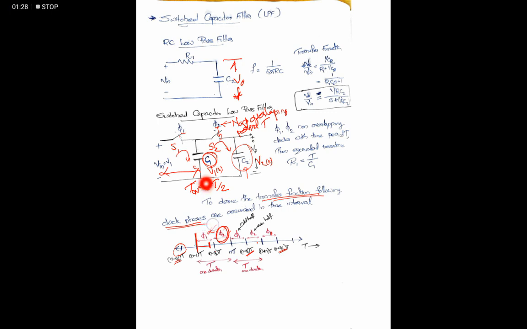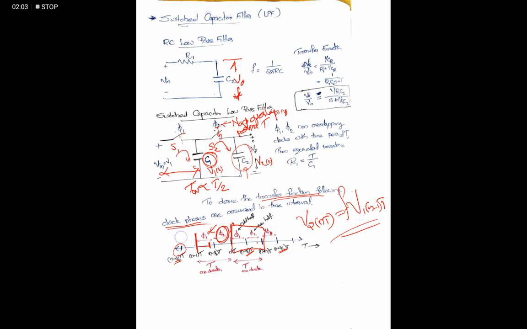And next we tried to find the transfer function of this one. So we are trying to prove that this will act as a low pass filter. For that we derived the transfer function, and for deriving the transfer function we considered a full clock cycle, and we found the value of V2 of nT in terms of the input signal as a function of V1 of (n minus 1)T, and then we derived the transfer function.